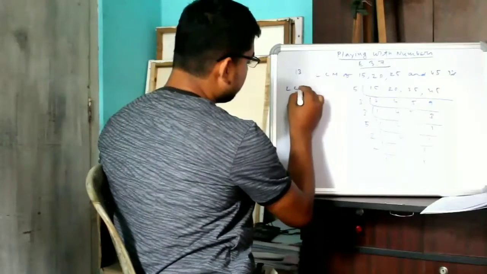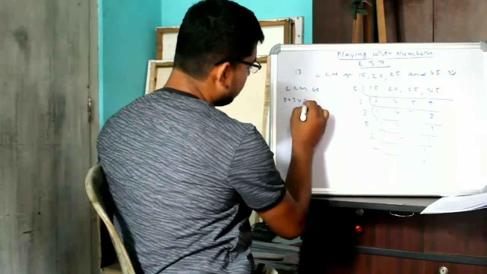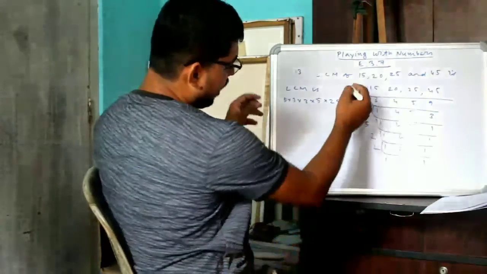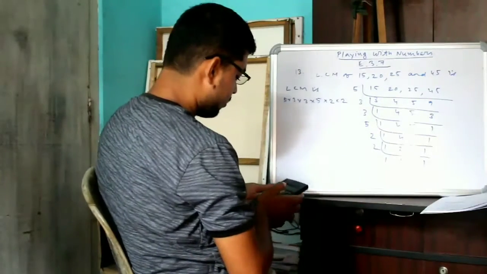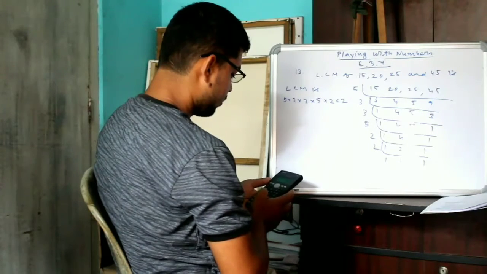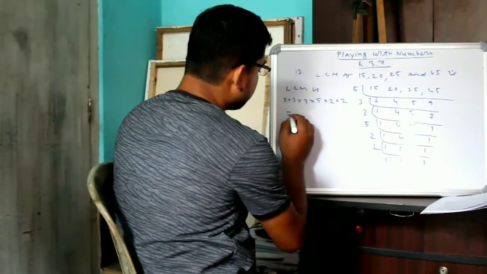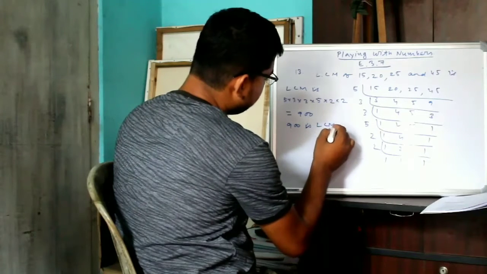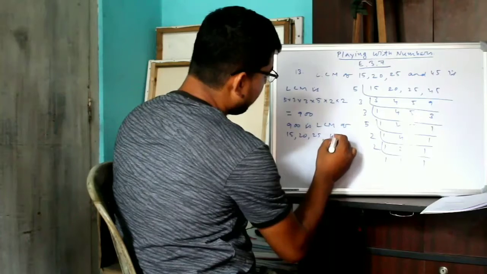The LCM is 5 into 3 into 3 into 5 into 2 into 2. The answer is 900. So 900 is the LCM of 15, 20, 25, 45.